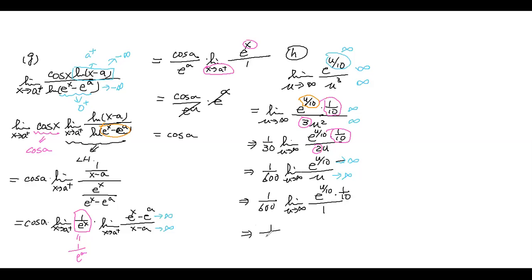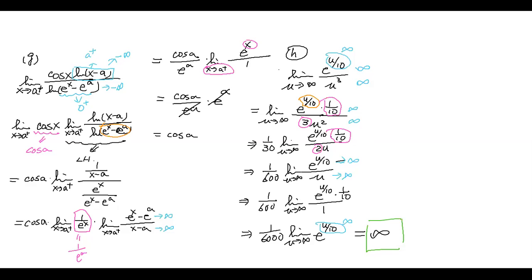So this is 1 over 6,000 times the limit as u approaches infinity of e^(u/10). What happens when u goes to infinity is e to the infinity, so the whole thing is infinity. So this limit goes to infinity. As you see, how many times did we need to do L'Hopital's rule? I think 3 times, right?